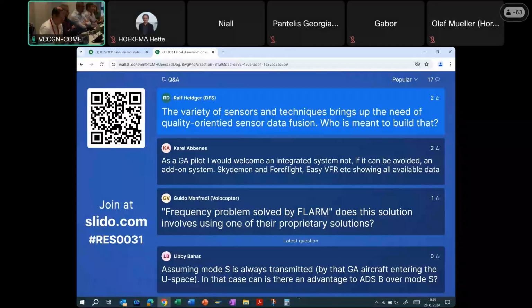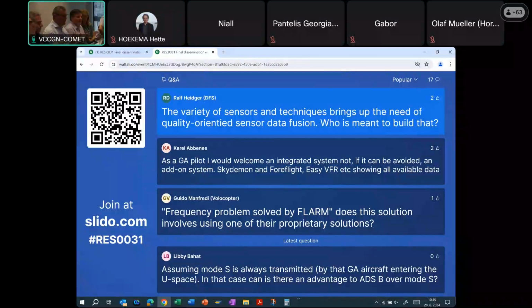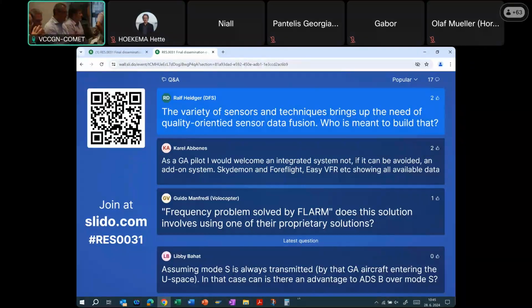There are various sources and various partners exchange the data mutually. So if someone like Radar Exchange is doing multilateration of ADS-B information, they are exchanging the data with other partners. So it's a collaborative effort. When it comes to quality-oriented sensors, the quality in U-space needs to be ensured.